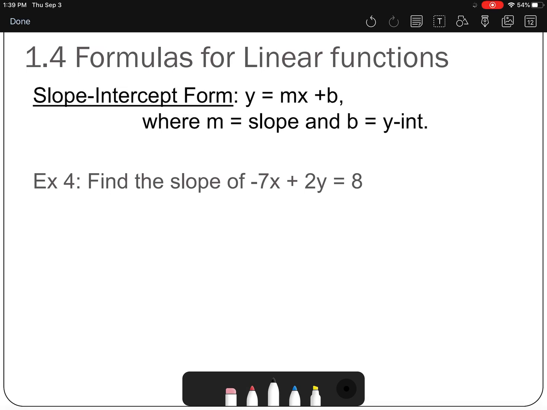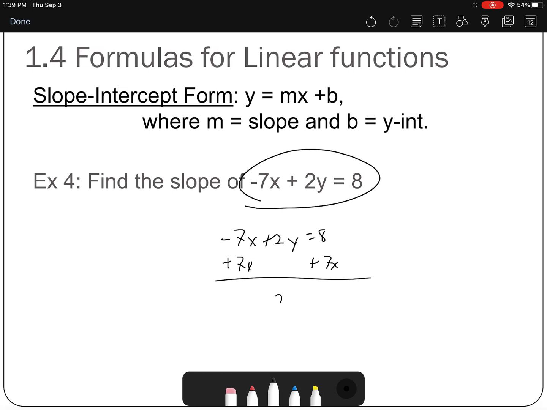Now, just some quick hits from linear functions. Remember, slope-intercept form is y equals mx plus b, where m is the slope and b is the y-intercept. How do you find the slope of this? Well, you must put it in y equals mx plus b form. So if we write this out and say, okay, let's add 7x, because we're going to get 2y by itself.